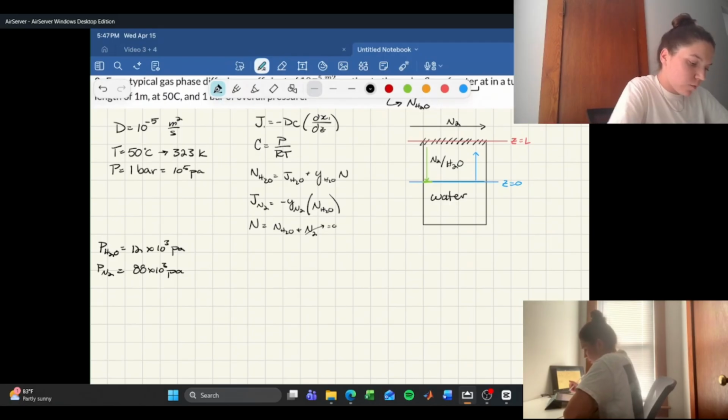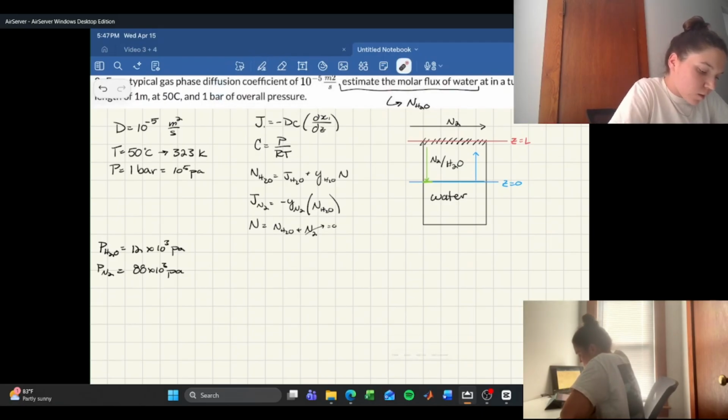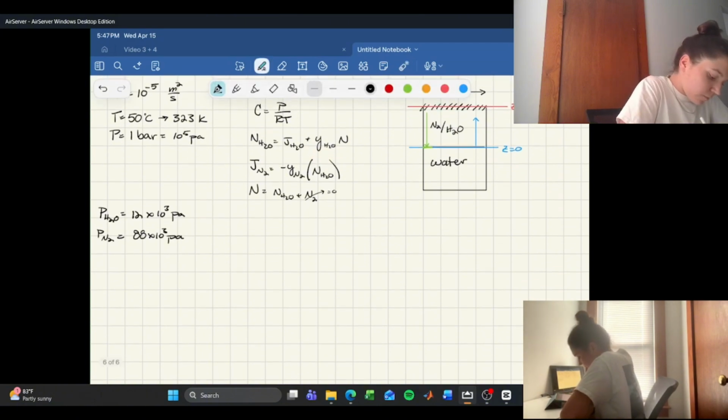We also want to find the mole fraction of the water. So to do that, we have the mole fraction of water. We can put this equal to the partial pressure of water over the total pressure.